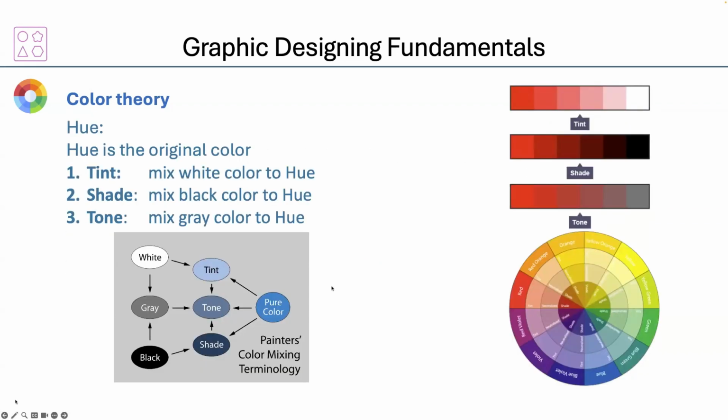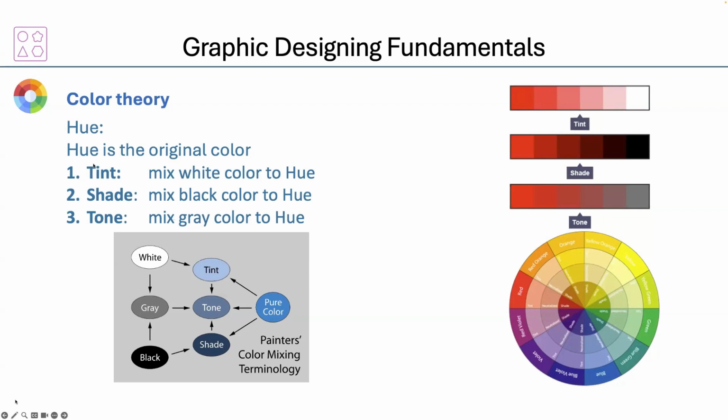So basically, this is the science behind the fundamentals of graphic designing. And then we have how we can distinguish between the colors, or how we can make different colors from hues. Hues are basically original colors.